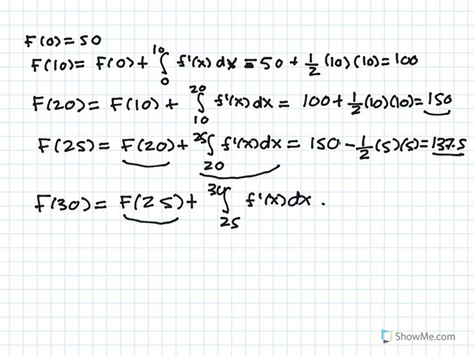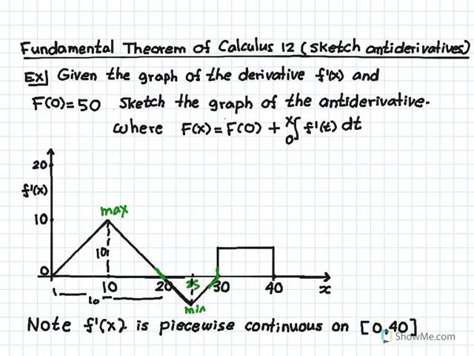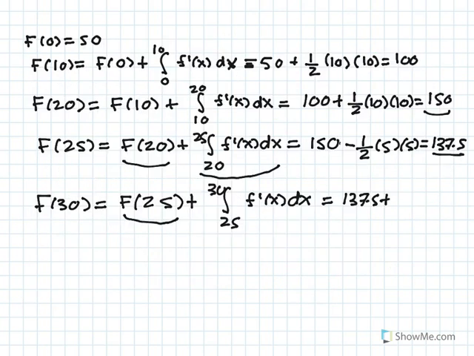F of 25, that's just what we had before, 137.5, plus, and now if you look at the diagram from 25 to 30, you can see that the integral represents the area of a triangle, and since the derivative graph is below the x-axis, we have to subtract off the area just like we did previously. So 1/2 of 5 times 5, we're going to subtract off another 12.5. So that's minus 12.5, and that brings us to 125.